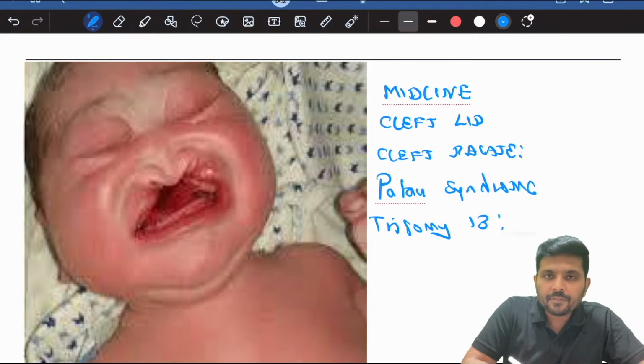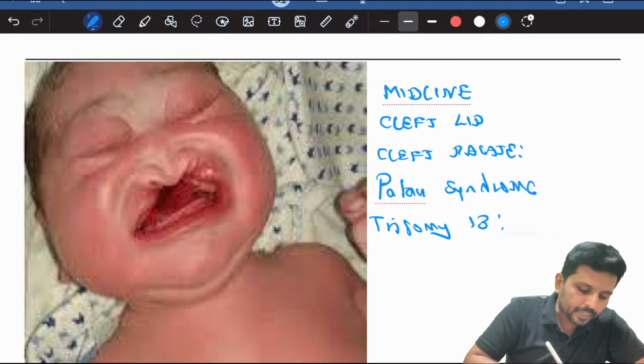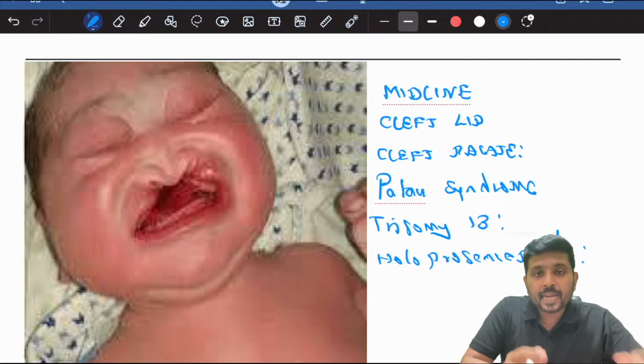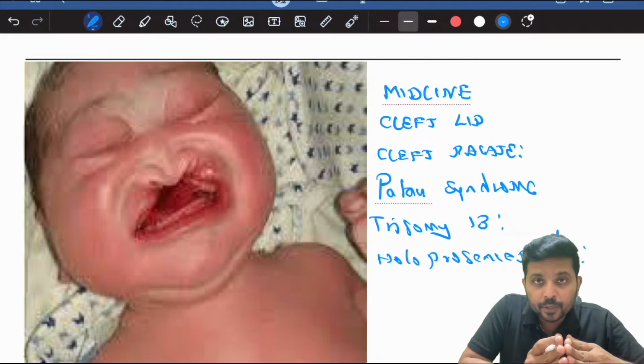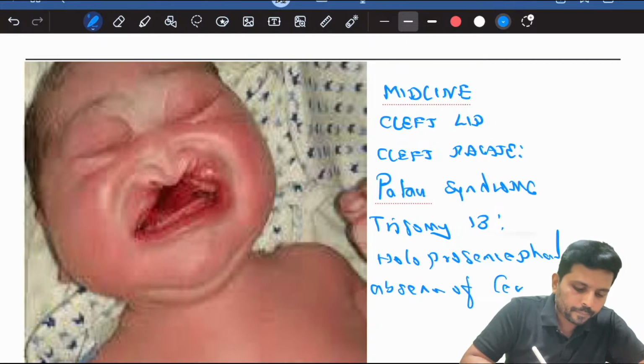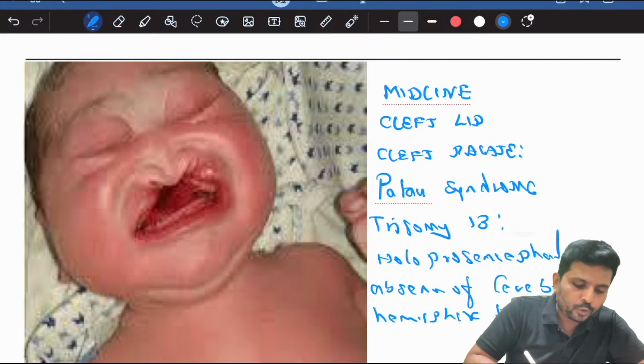It is also characterized by holoprosencephaly. What is called holoprosencephaly? It is the absence of the cerebral hemisphere dividing into two.